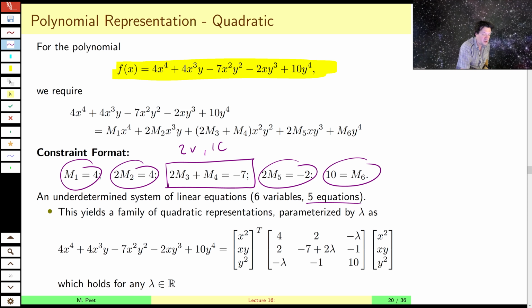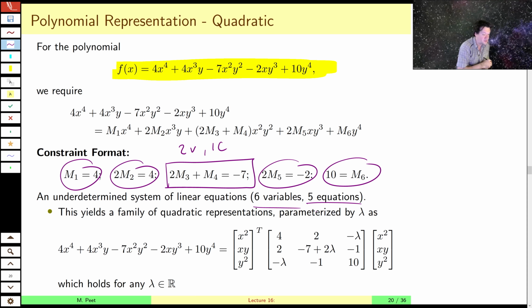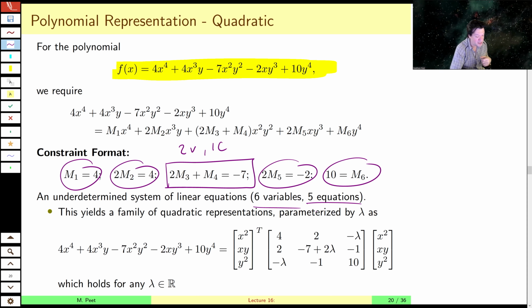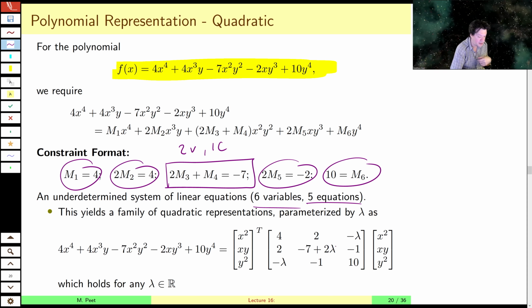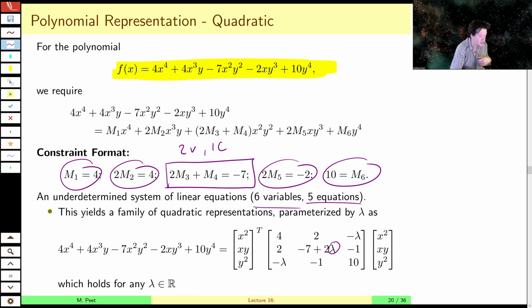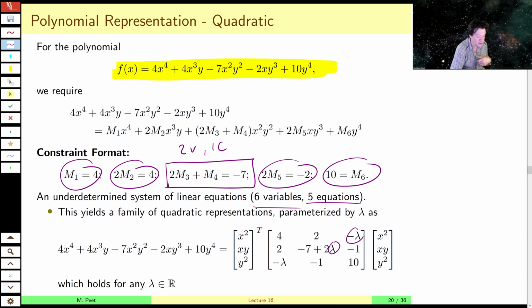So overall, we have 6 variables and 5 equations. So we can parameterize the set of all possible quadratic representations by putting in that uncertain parameter here, lambda, where we have that flexibility. Notice there were no other constraints on M3 here, for example.